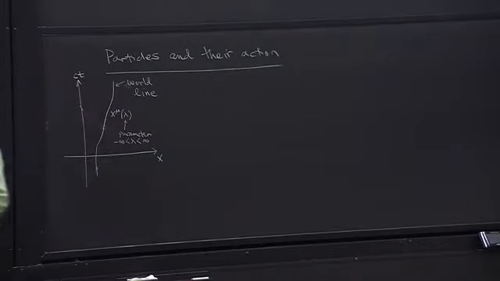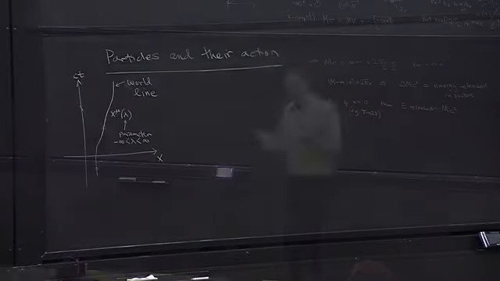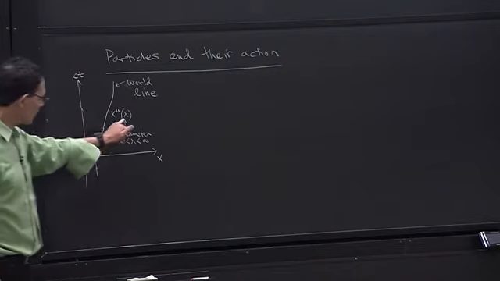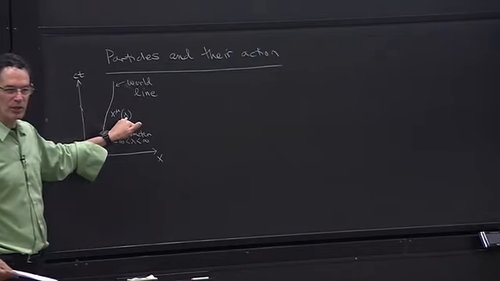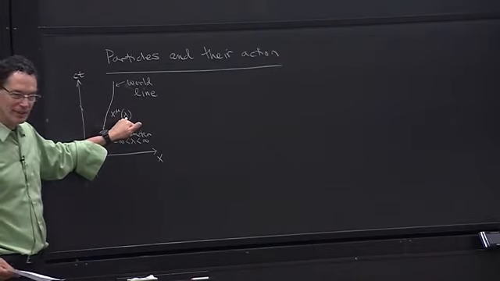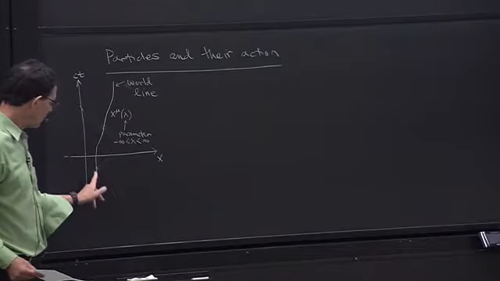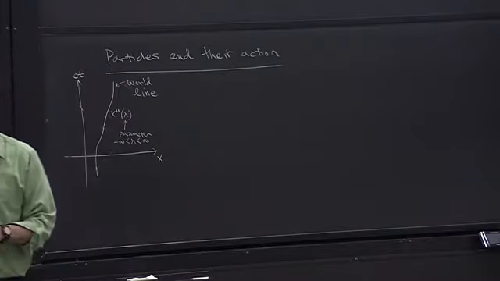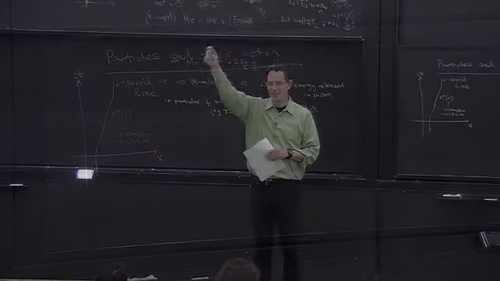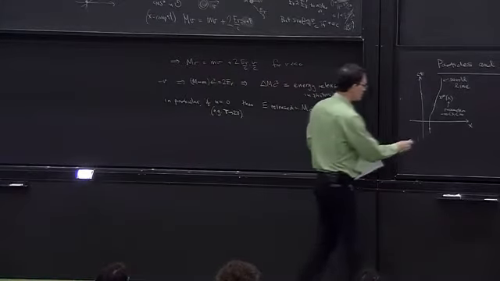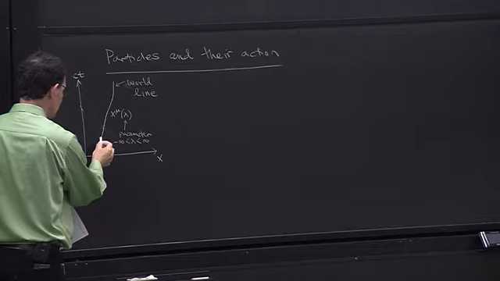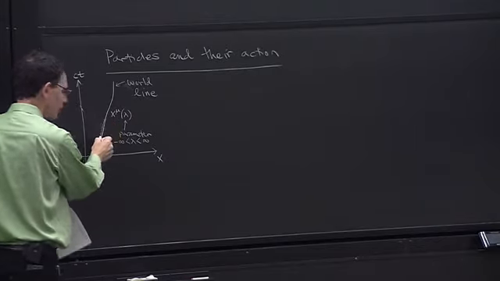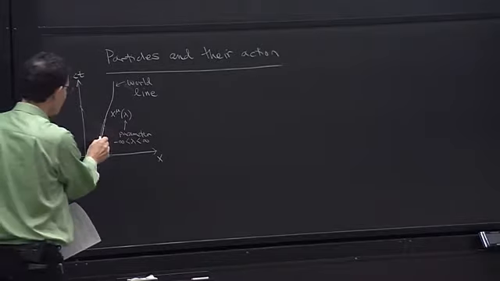Just like we had x prime as a function of x, it needed to be a one-to-one map. We're going to require something of this parameterization. If it's a good parameterization, then the particle world line will be one-to-one with lambda. Pick a bad parameterization, and you might have your lambda running up, and then x mu might go backwards along the world line for a while, and then go forward again.